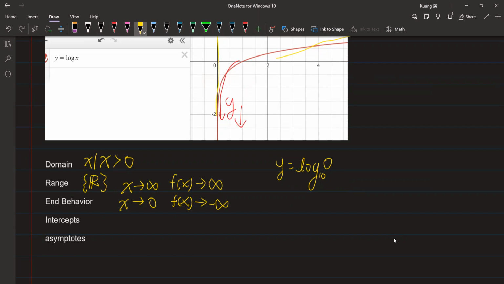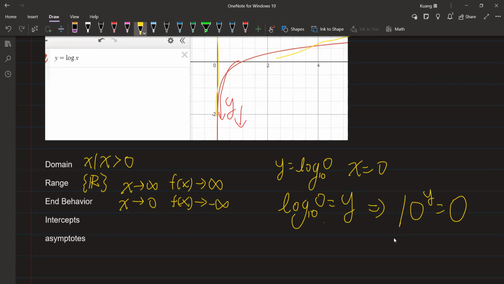So how to find this when x equals 0? That means log base 10 of 0 equals y. We convert to the way we like: 10 to the power y equals 0. That is impossible.